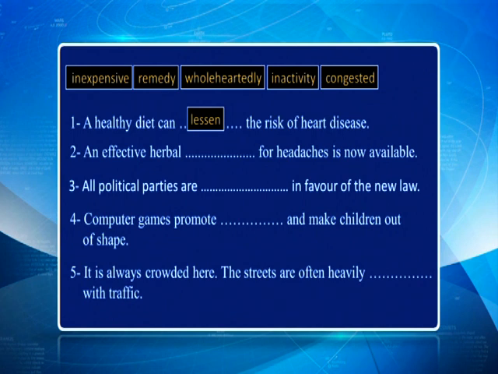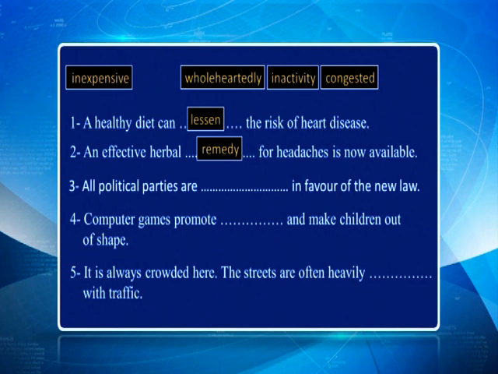Number two, an effective herbal blank for headaches is now available. So we need an effective herbal blank. We need a noun. So from the nouns we have remedy and inactivity. So which one is the best? Excellent. It's a remedy for headaches. That is a medicine which alleviates the pain.